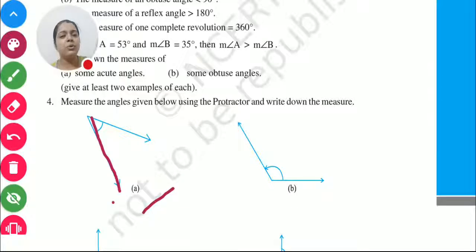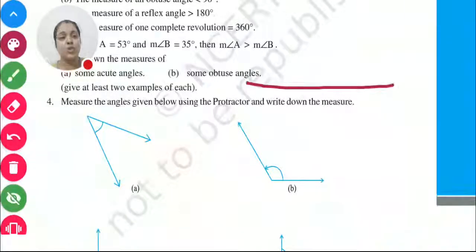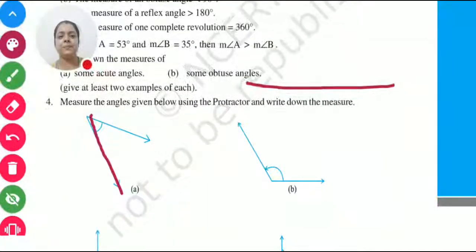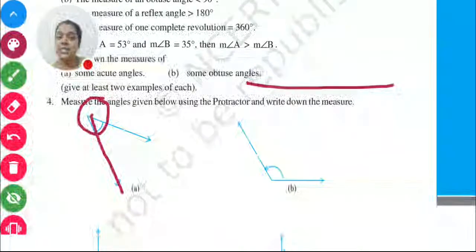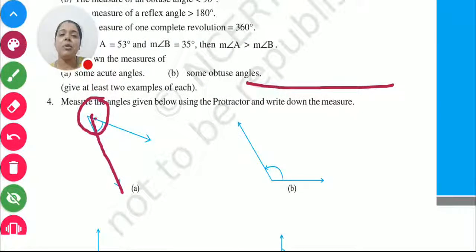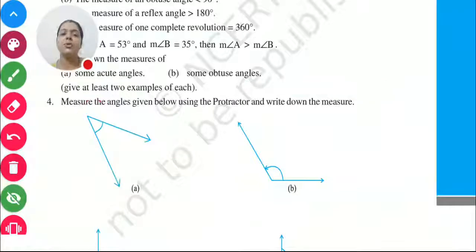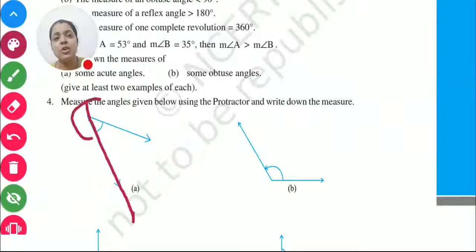So what you need to do is that the dark blue line shown on the protractor should match with this line. The vertex should match with the M, which was there. And then you have to mention that it is that angle. But make sure that the blue line directly matches with it and the vertex directly matches with the point on the protractor. Then only you are able to find out the angle.